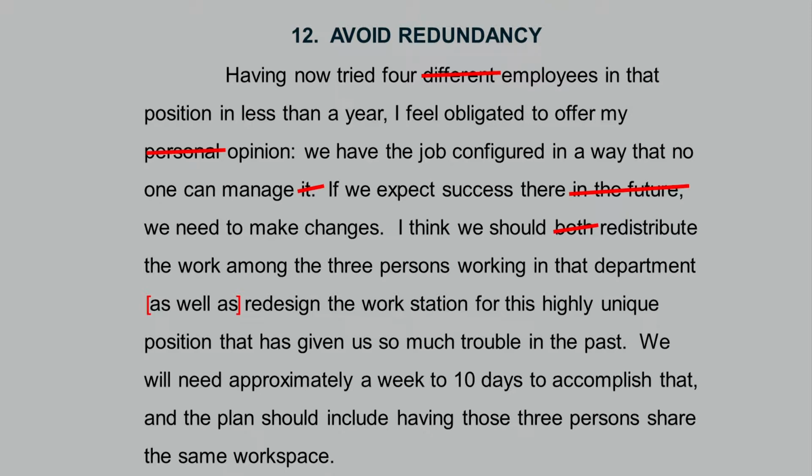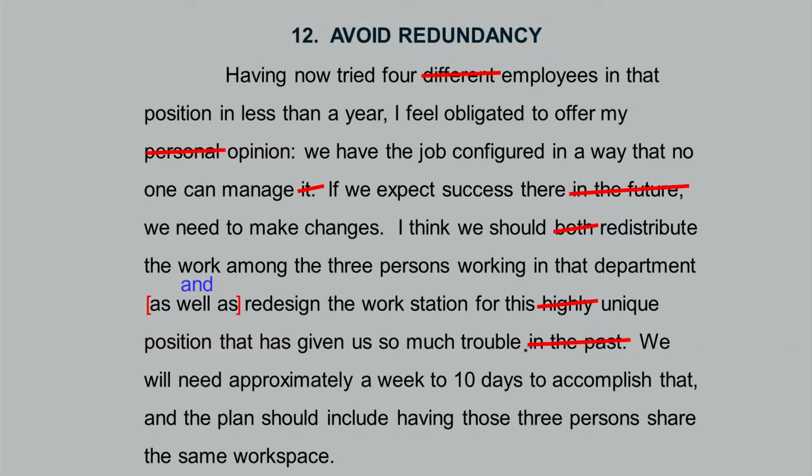Though the redundancy is between both and as well as, my preference is to use and, except where it's important to emphasize that the second is equal in weight to the first. And redesign the workstation for this unique, does not come in degrees, position that has given us so much trouble. Period.